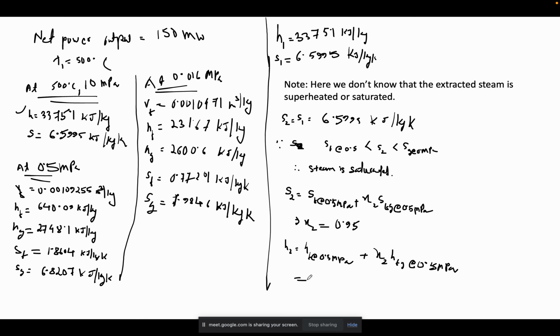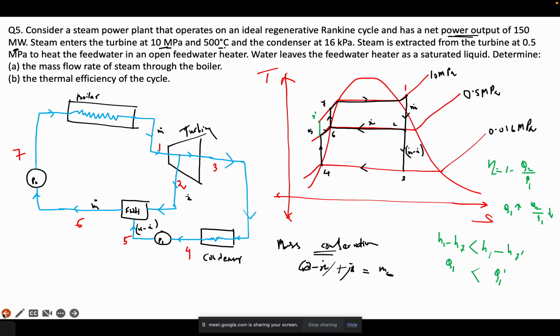Okay, that is 2748.1 minus 640.09, times X2, plus 640.09. So this is 2642.6995 kilojoule per kg. Okay, so I have got X2, I have got H1, I have got H2, and then I require H3.